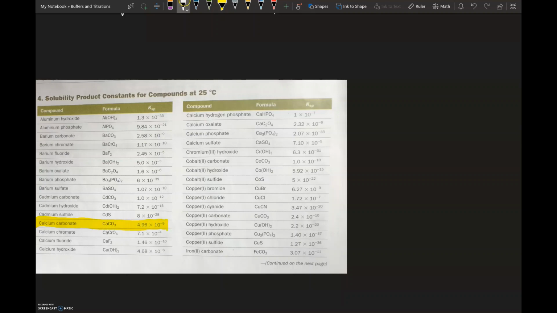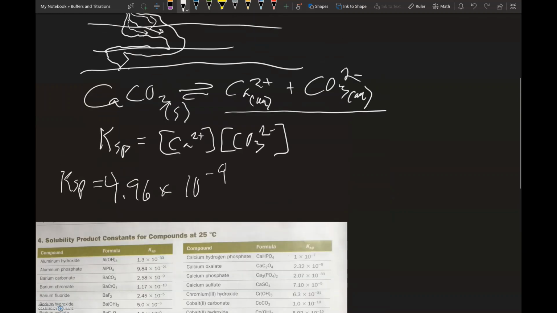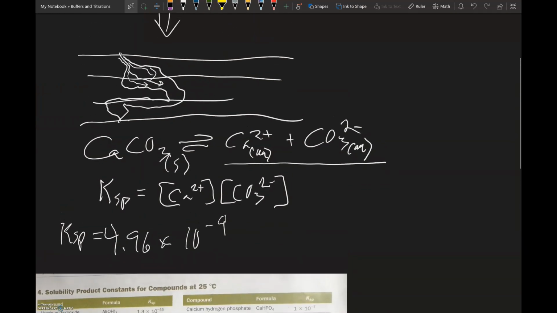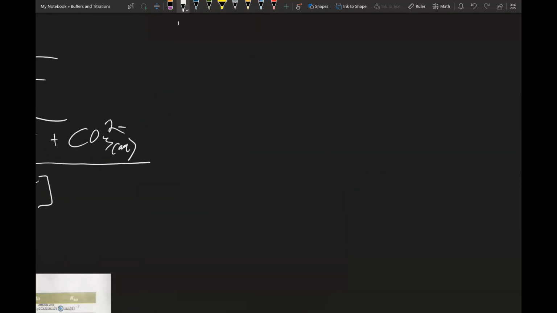What we see is that the Ksp for calcium carbonate is equal to 4.96 times 10 to the negative 9. It's a very small number, so that means that the concentration of those two ions is very small. One of the things that we can do is solve for the molar concentrations of these two ions.